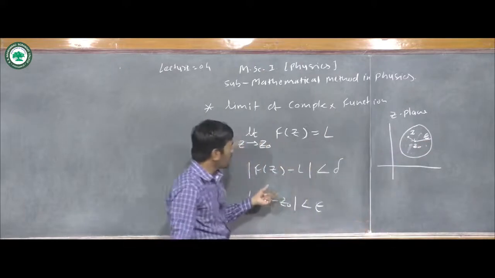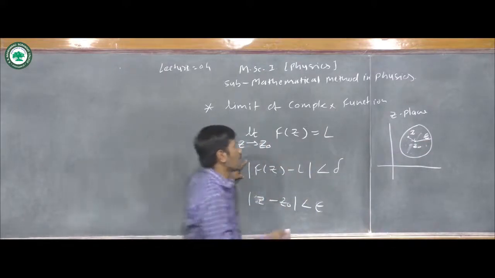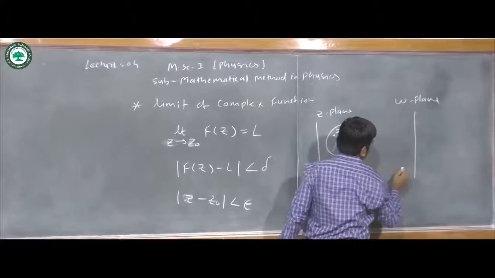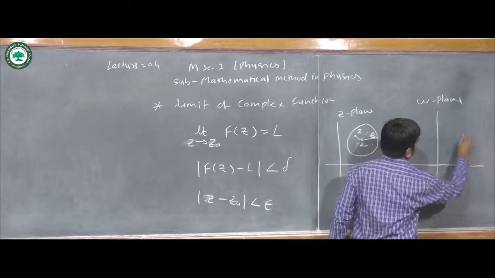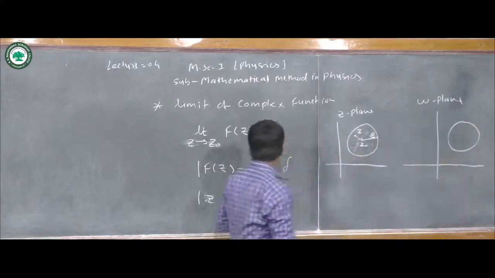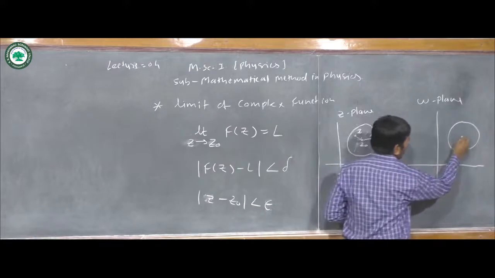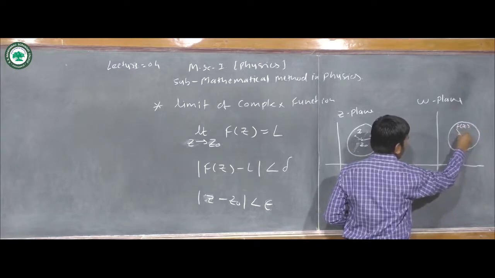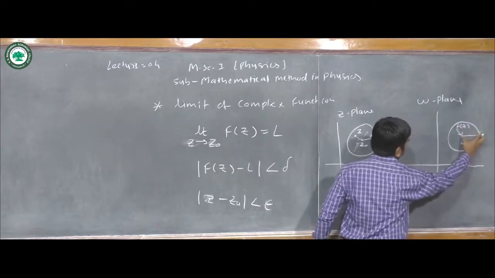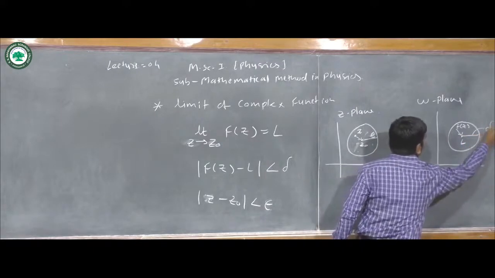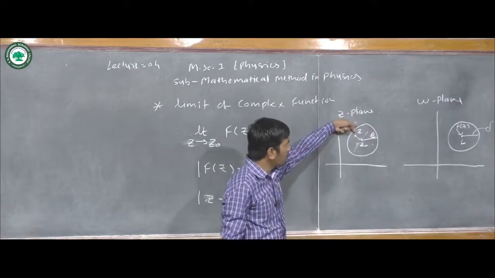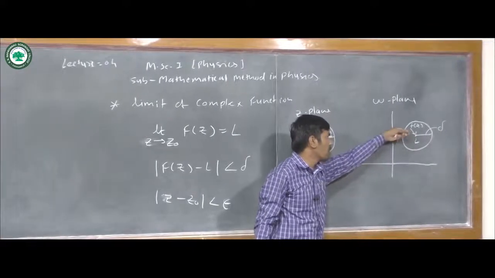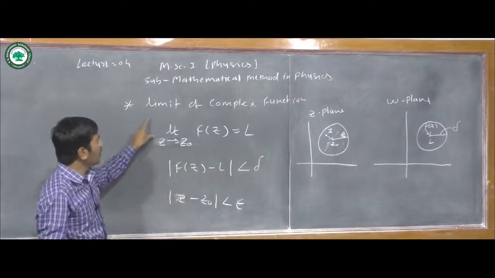Similarly, the same kind of thing happens in the other plane, the w plane. Here L is a point I am considering, and f of z is the function. When f of z approaches towards L, the radius of the circle is epsilon. So this is about the limit of complex functions.